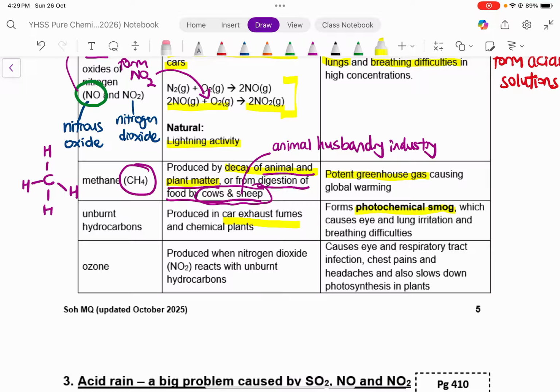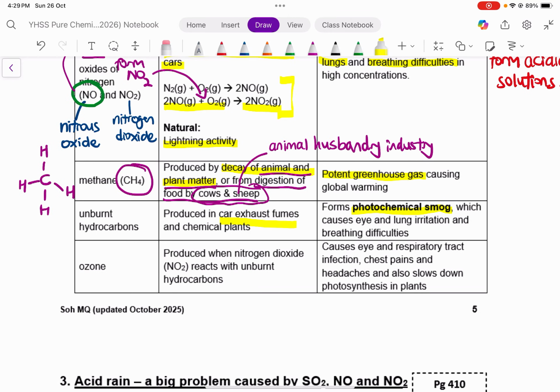It's called photochemical because these unburnt hydrocarbons react in the presence of light to form a type of smog. Smog means it's smoke plus fog. That means it reduces visibility, and it's smoky. Now, this photochemical smog causes lung and eye irritation and breathing difficulties.